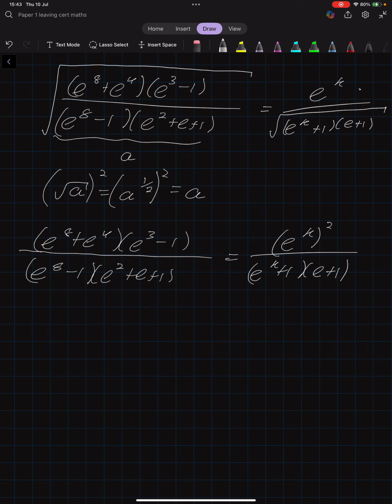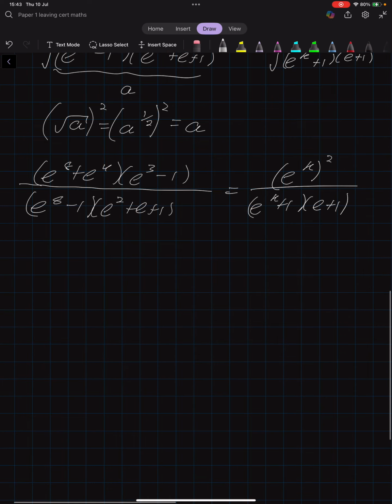So now, the next thing that I want to do is this here is a difference of 2 cubes. So hopefully you remember that a cubed minus b cubed is equal to a minus b times a squared plus ab plus b squared.